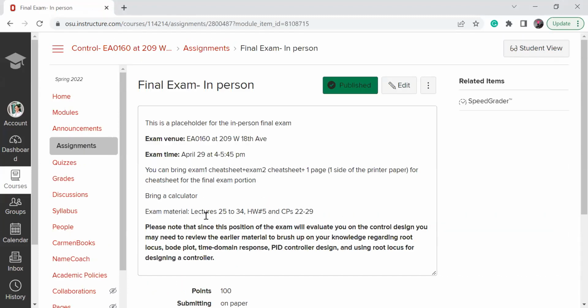So lecture material 25 to 34. So all the way to the last lecture. Last lecture, at least the concept. You might not see problems from that, but concepts are still the game. Homework number 5, including the interview, and class participation 22 to 29.